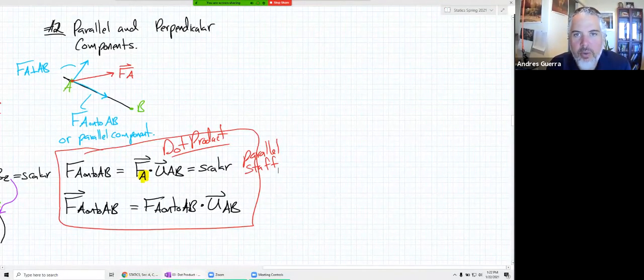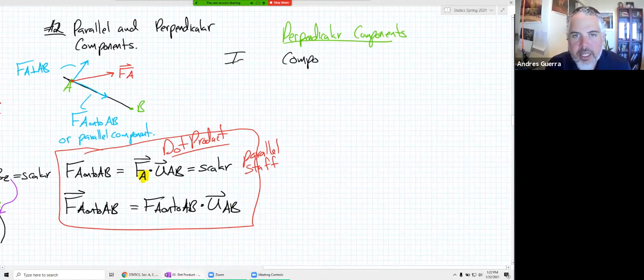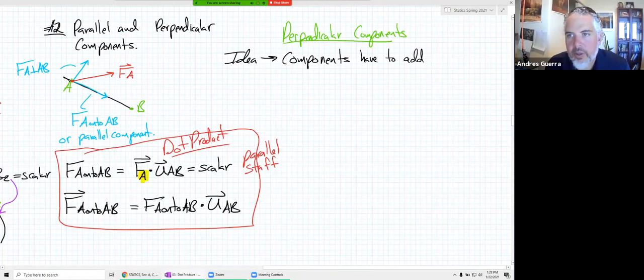But when we do want to find the perpendicular components, the idea of finding the perpendicular components is that the components have to add back to the original vector that we started with.